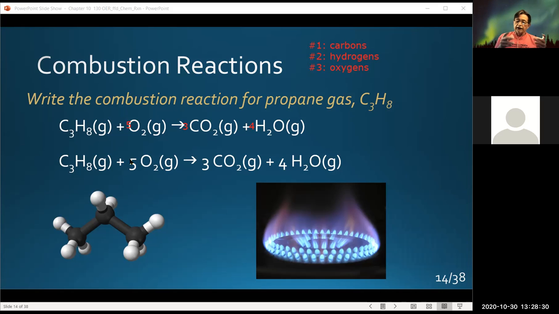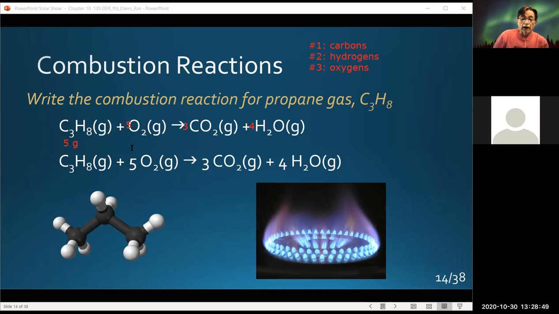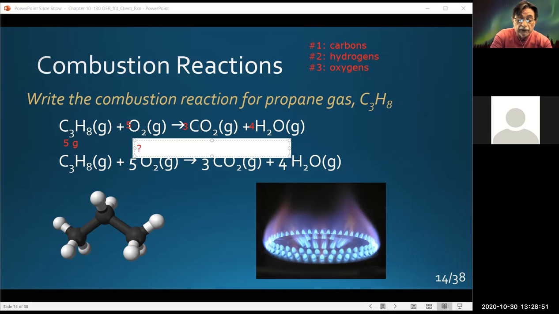I will be using that conversion factor down the road when I start to do calculations, because later I could get a question like, all right, if I have 5 grams of propane, how many grams of oxygen do I need?